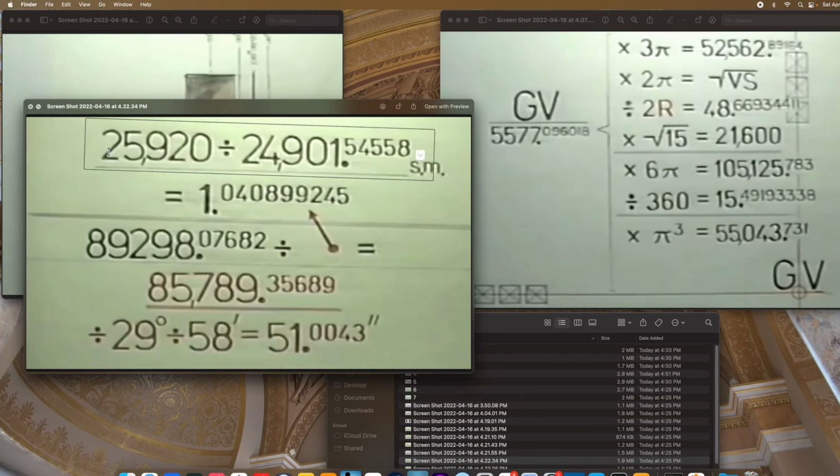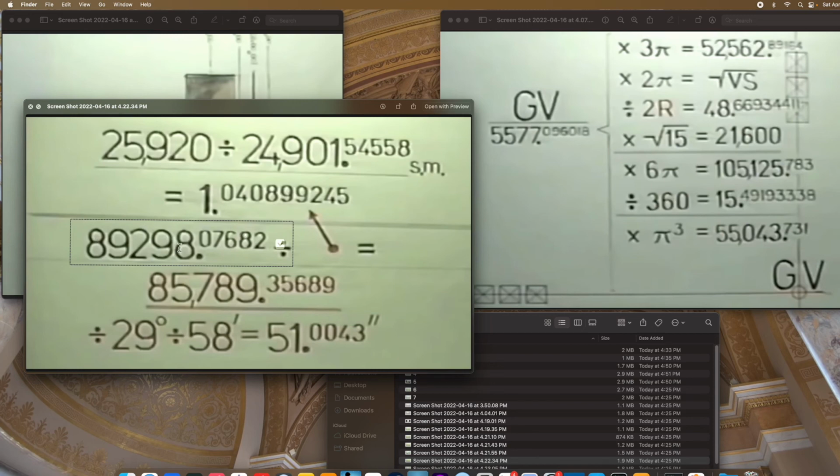Now, what is the most important number in astronomy? Space and time. Precession of the equinox, in our perspective at least, which is, of course, 25,920 years. Well, divide precession divided by the circumference of the Earth, you get this value, 1.040899.245.